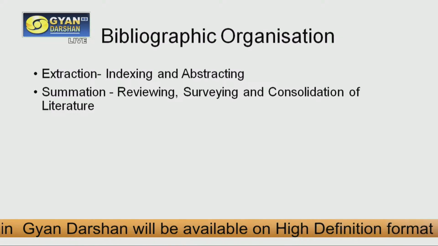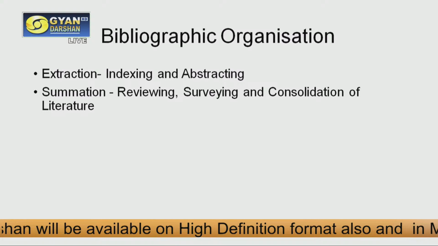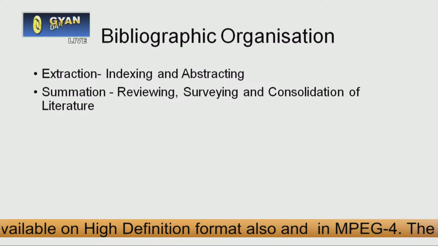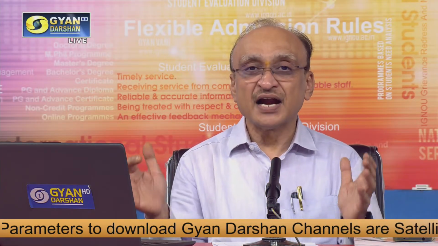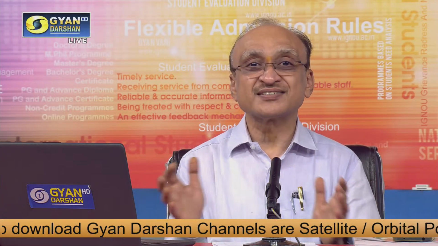When you do a review of literature, you do a survey, consolidation of literature, you come across different products, and the process that is done there is summation. We try to correlate the literature, we try to reflect upon what people have said, and we try to provide it in the form of a summary which exists as an independent product. So these are the intellectual processes that are involved even in bibliographic description.